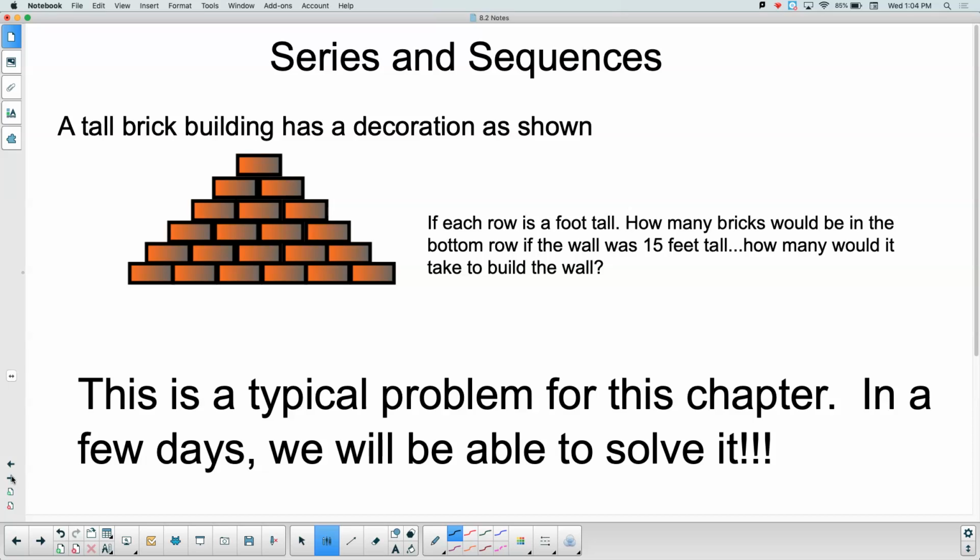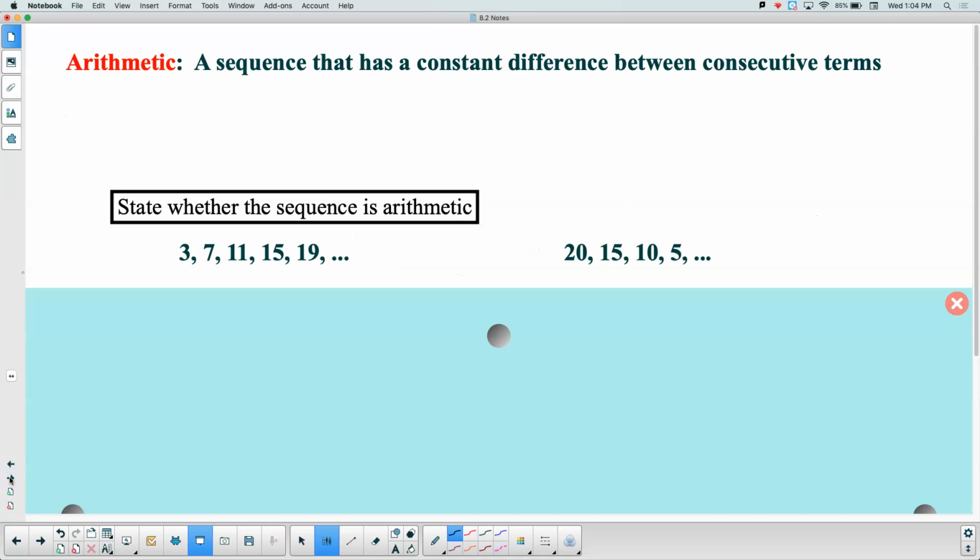The second one is an arithmetic series question. Very typical problem from this unit. We'll be able to solve the first one in about a half hour. Tomorrow we'll tackle the second one. That's when we're going to deal with sums and series and all that fun stuff. But so let's jump in here.